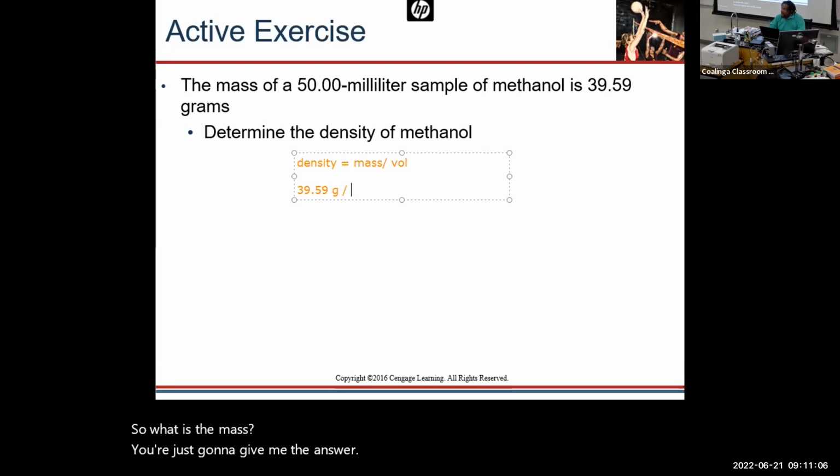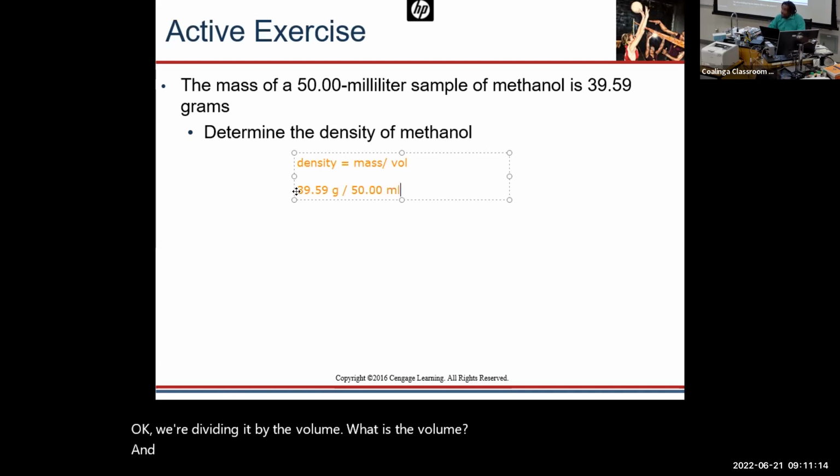Okay, and we're dividing it by the volume. What is the volume? That's milliliters, so my answer is 0.7918.